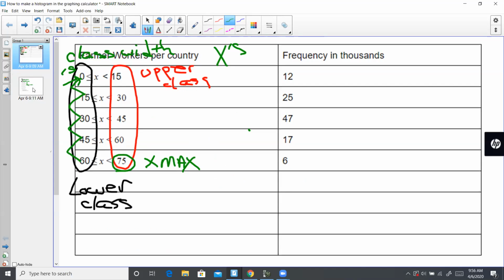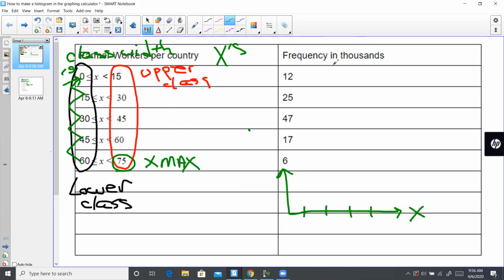Okay, now we're going to take a look at the Y. Let's think about if we were to make this histogram. I'm just going to draw a really crooked histogram here. This is obviously our x-axis. Right now we just did our intervals, from 0 to 15, 15 to 30, 30 to 45, 45 to 60, that type of thing.